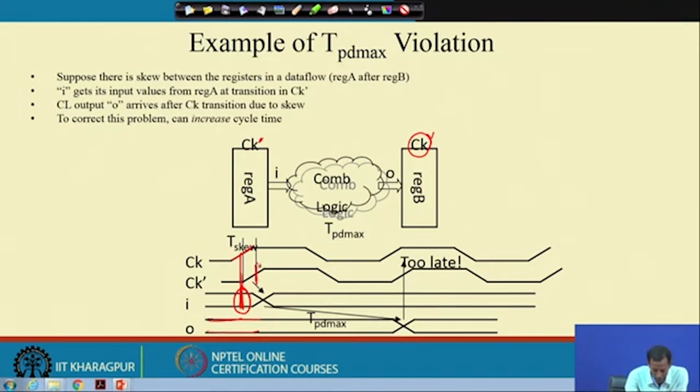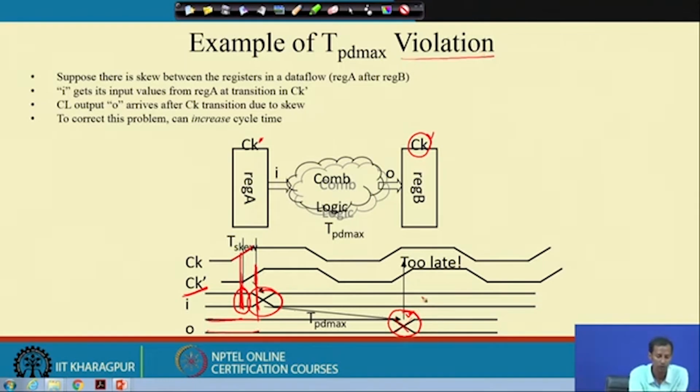At this particular point, as this data is changing, again it will try to change its value. Means what? Because of this skew, the proper change in the data is missed. So, because of these things happening, we are getting the violation.